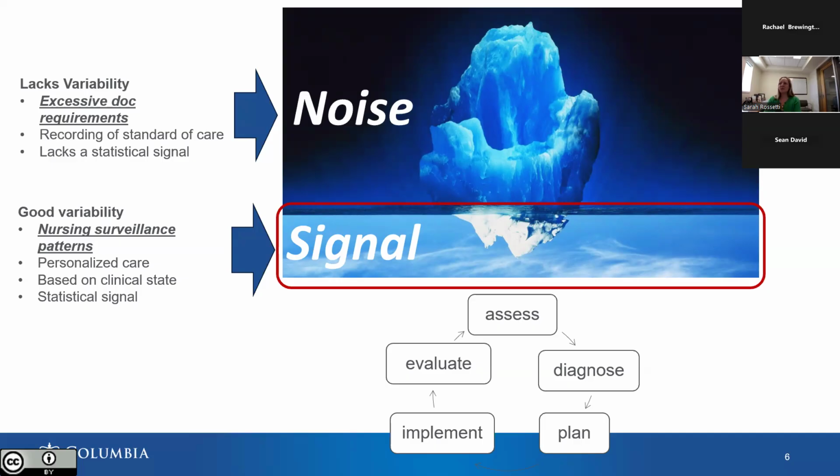And what does this really mean? Well, if you think about the EHR data as a flipped iceberg, and the bottom of that iceberg is then at the top, all that noise, that's what we see at first. That data, interestingly, lacks variability. So much of it looks the same across patients, particularly when we're talking about nursing data, because a bulk of nurses' documentation burden is recording standard of care, which is the same for all patients.